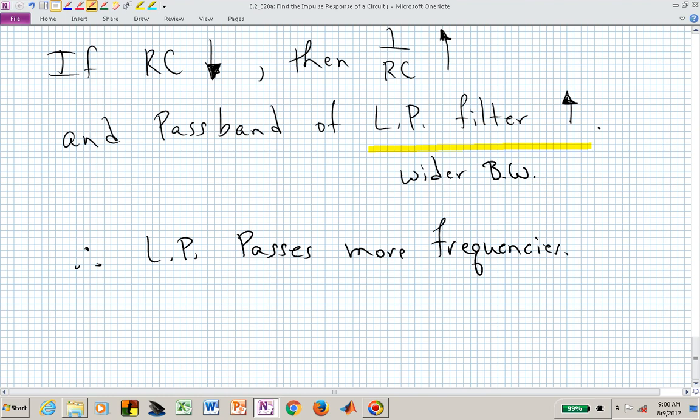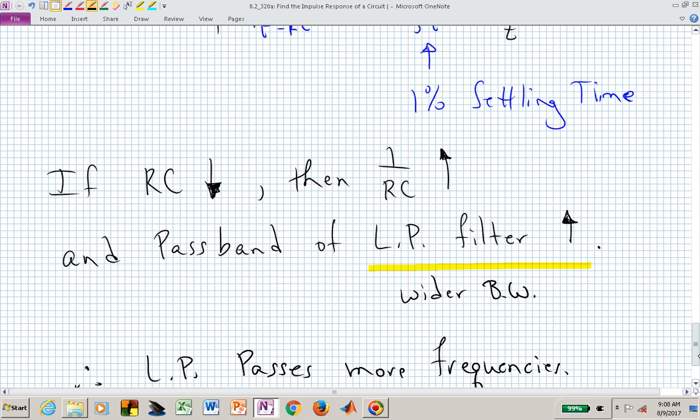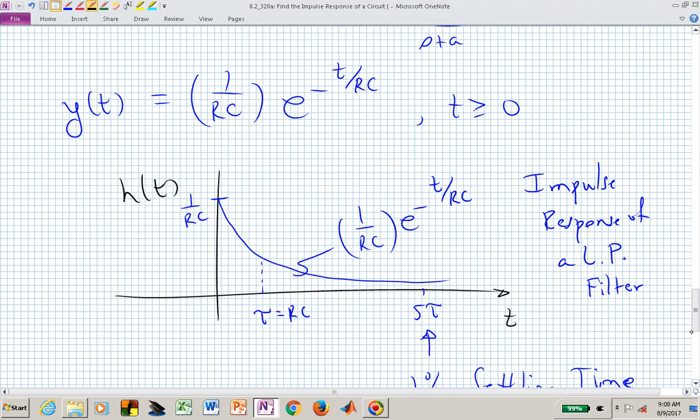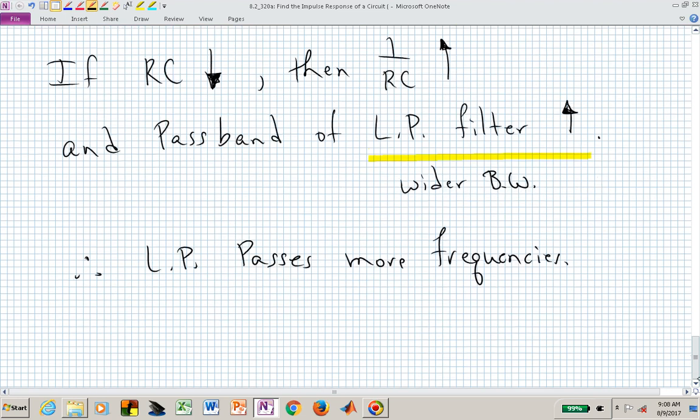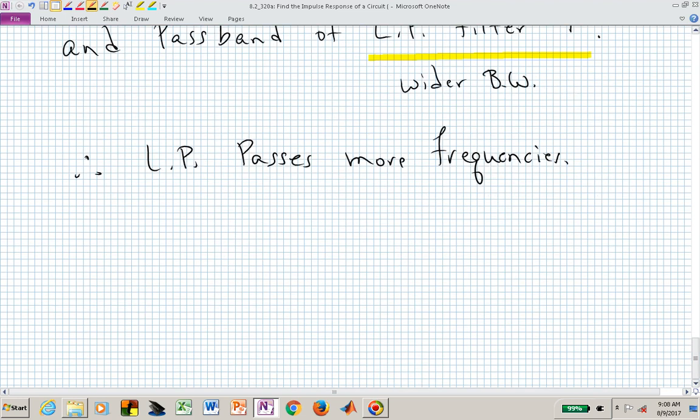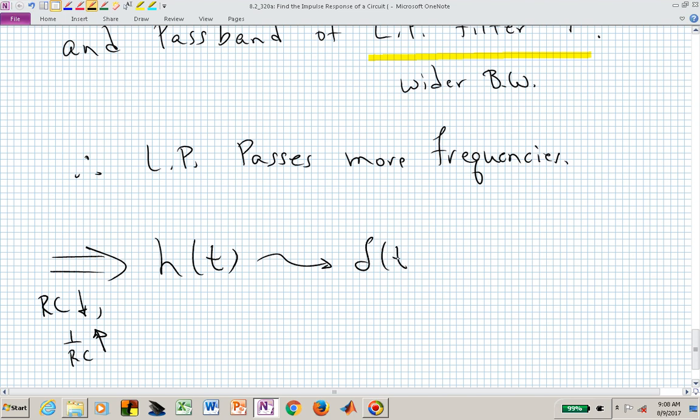And as 1 over RC gets very, very big and RC gets small, do you see that tau gets very close to 0? 1 over RC gets really, really big. What's going to happen to this impulse response? As RC gets small, 1 over RC gets big, then h of t is actually going to approach delta of t.